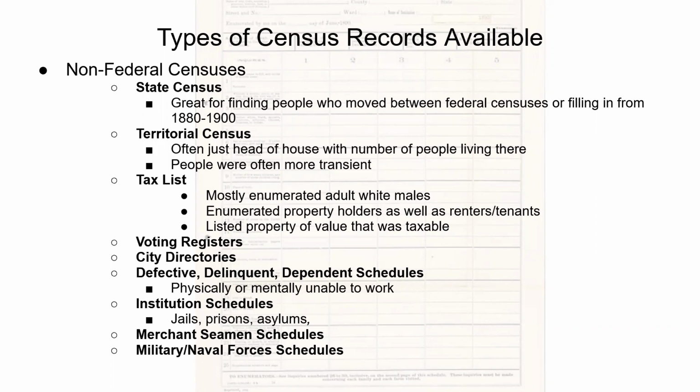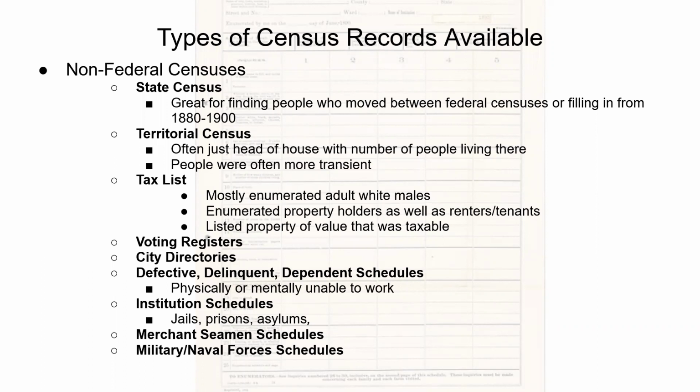There were territorial censuses, just like the state censuses. These people were usually just the head of the house listed, and they were very transient. So if you knew your family moved around a lot and they were out west, quote unquote, during the territorial times, you might be able to find them there.